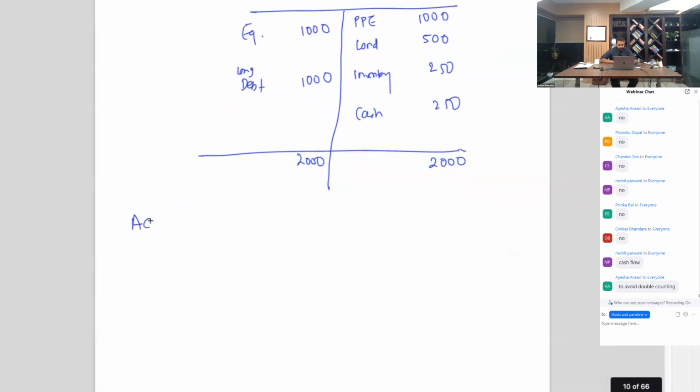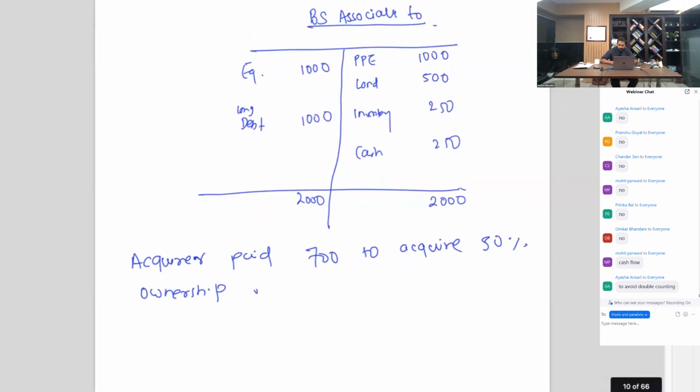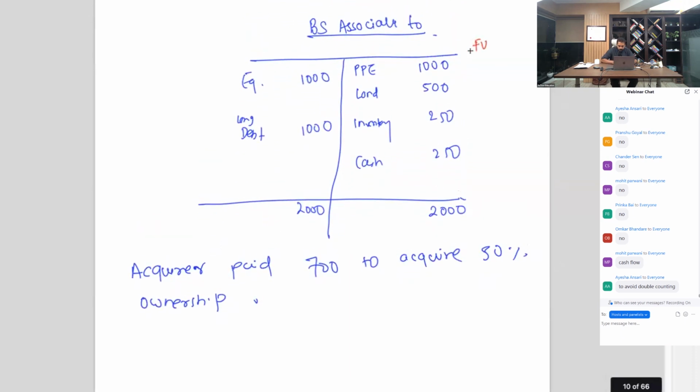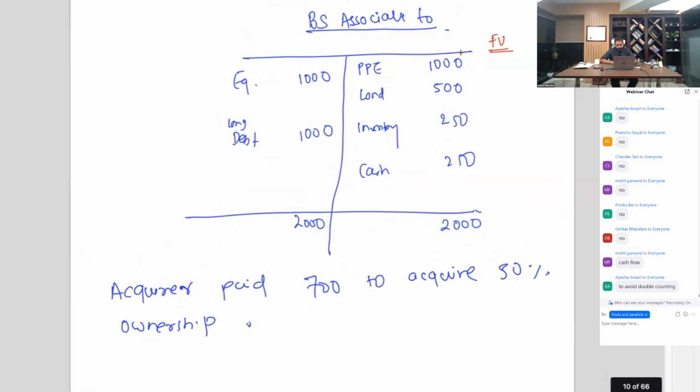Let us say acquirer paid 700 to acquire 30% ownership in the entity. The fair value of these assets, property, plant and equipment, the fair value is, let us say, 1,500.